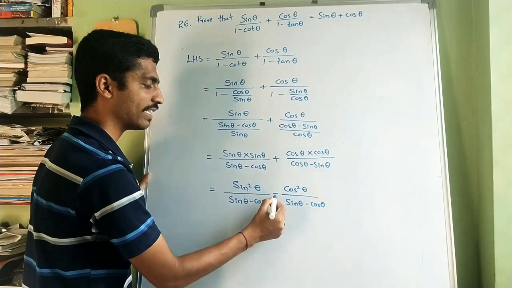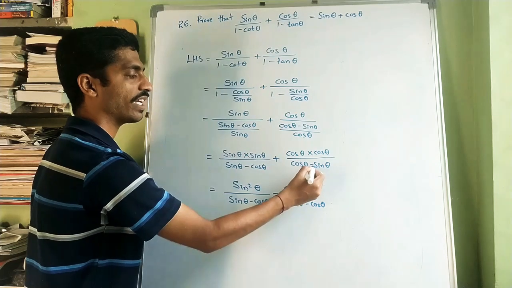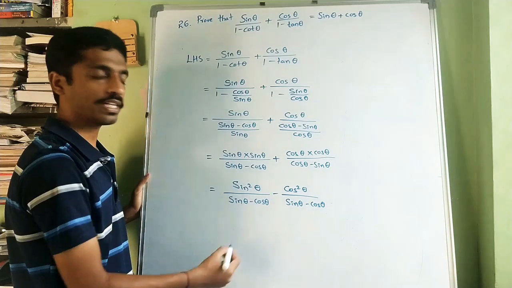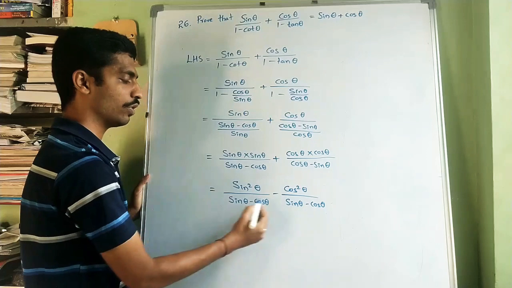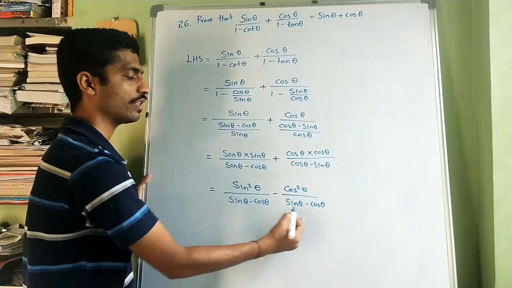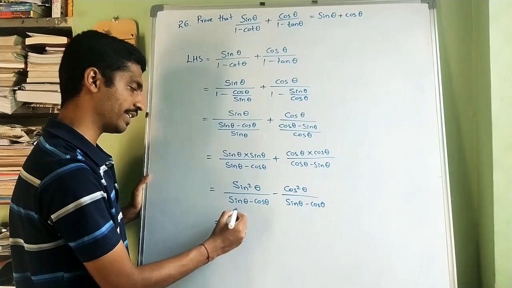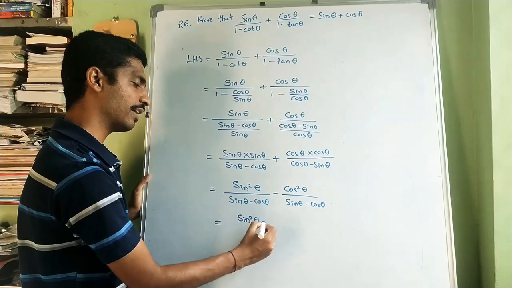See here, if I take this minus again inside, it becomes cos theta minus sin theta; if I take it out, it becomes sin theta minus cos theta. Okay, don't get confused. To make the denominator the same, I took the minus out. So here also sin theta minus cos theta, and here sin theta minus cos theta. By this we get the same denominator, so there is no need to take the LCM.